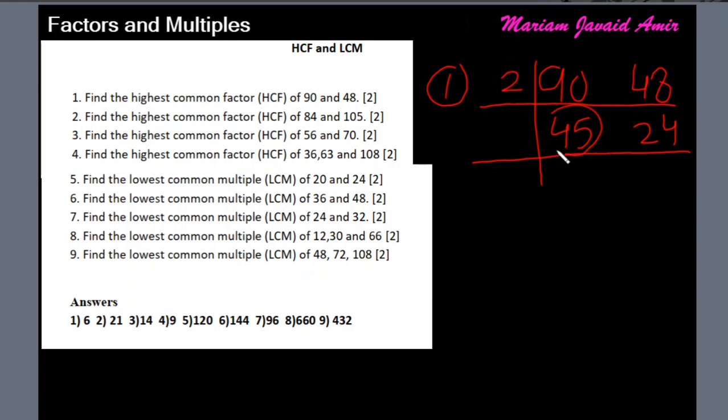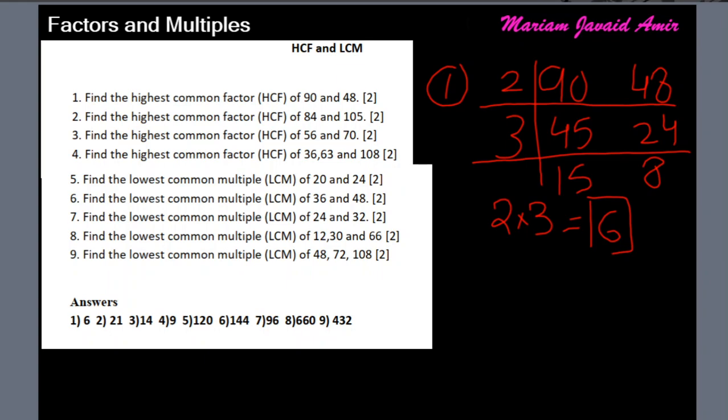Yes, because the digit sum here is 9, and 9 is divisible by 3, and here the sum is 6, and it is also divisible by 3. So 3 15s are 45, and 3 8s are 24. Now looking for common numbers that would divide both of these, no such numbers exist, so our answer is simply 2 times 3, which is 6.